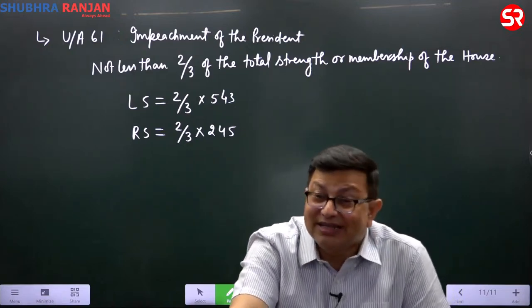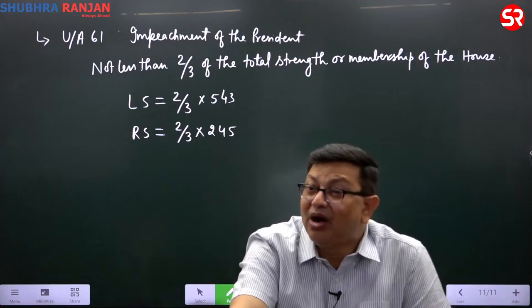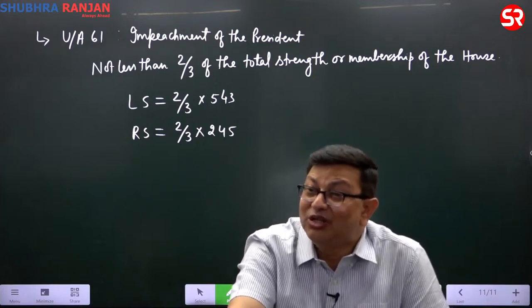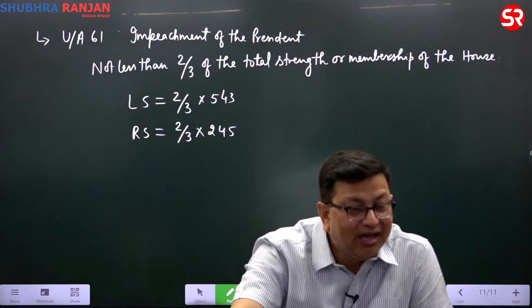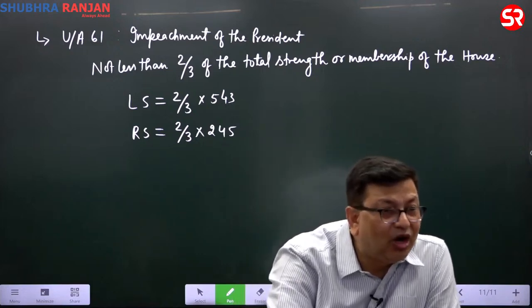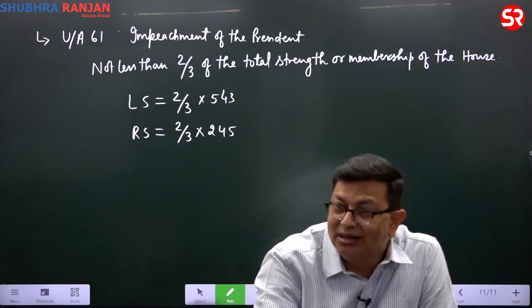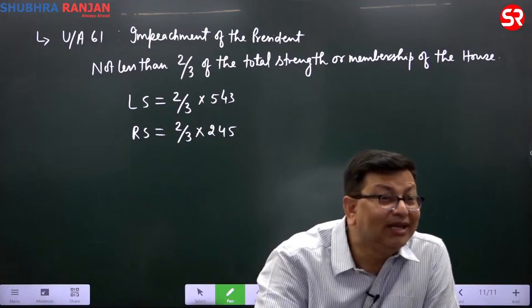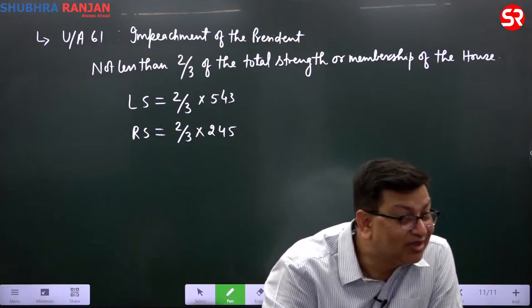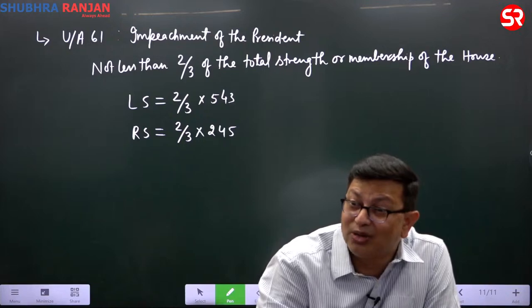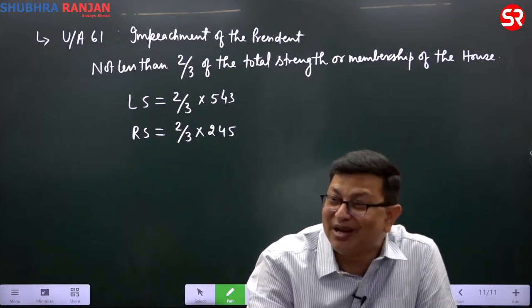Then you will explain that, sir, the power that the parliament enjoys here, until and unless the parliament passes the resolution, the judge cannot be removed. So, sir, it is the important role which has been assigned to the parliament.